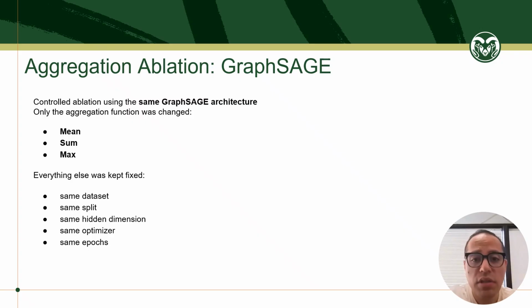The only thing I changed was the aggregation rule. I evaluated mean, sum, and max aggregation to see how much this choice alone changes the final result. This is useful because it gave me a clearer comparison than changing the full model architecture.